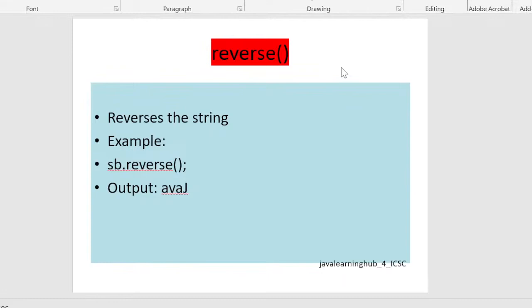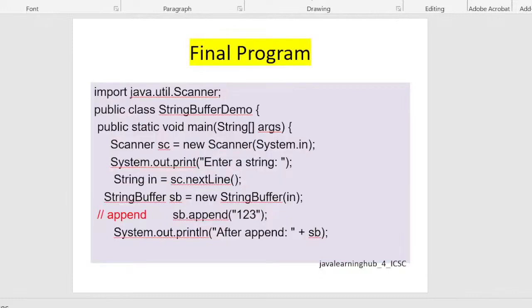We use it as string object dot reverse method. This is the way we use it. So normally my string is Java, and now it becomes AVAJ. This is the way we reverse the string.